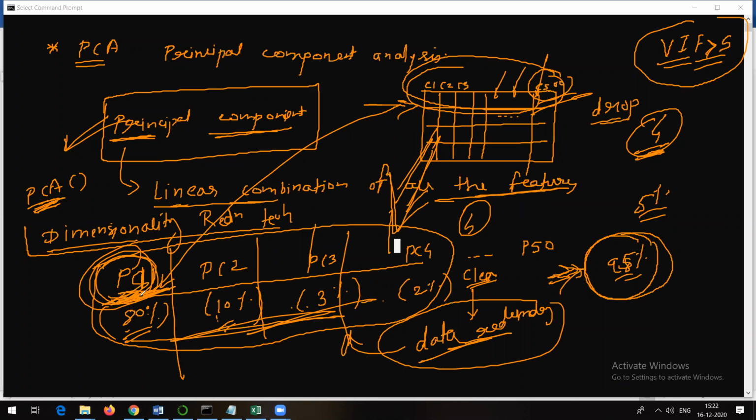So the first principal component is able to represent 80% of what all the features are representing. The second principal component is able to represent 10%. So always remember, it is always in decreasing order. The first principal component always explains more variance than the other principal components, right?